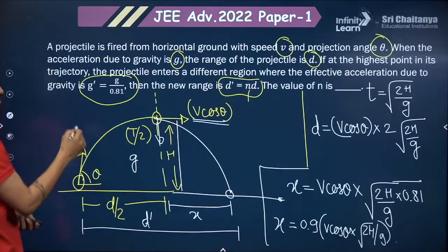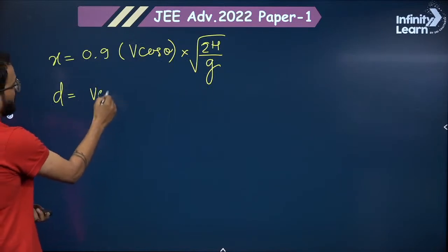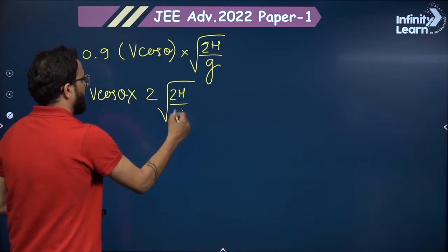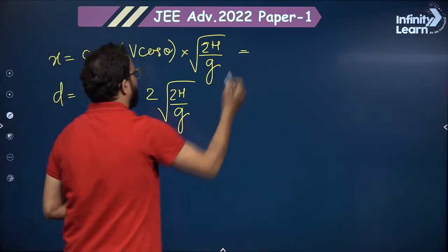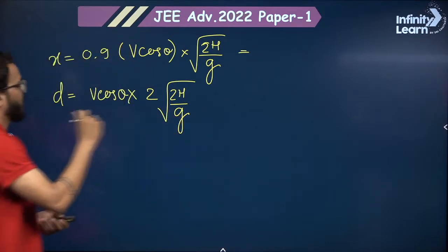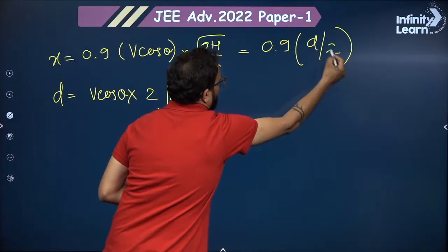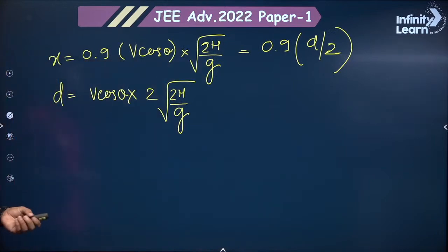D is equal to v cos theta into 2 times root over 2h by g, right? Now this is d. So can we write x in terms of d? So it will be 0.9 times d by 2 actually. That is what I was missing. So it will be 0.9 times d by 2.